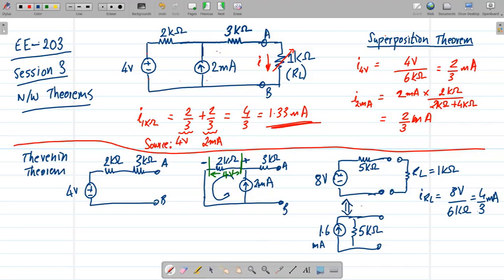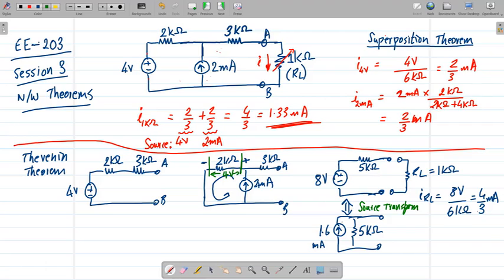I did source transformation. To convert a voltage source with a resistance in series, I have to divide the voltage source by the resistor to get the current source, and then the resistance goes in parallel. So the upper circuit is the Thevenin equivalent, the below one is the Norton equivalent.